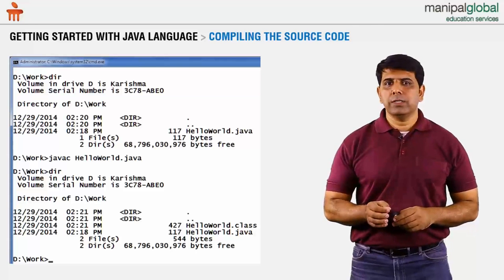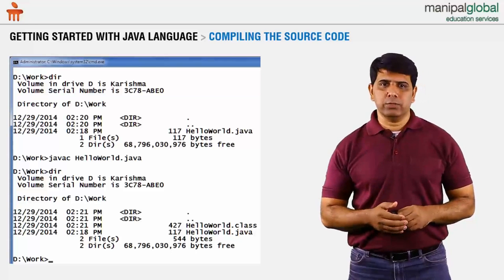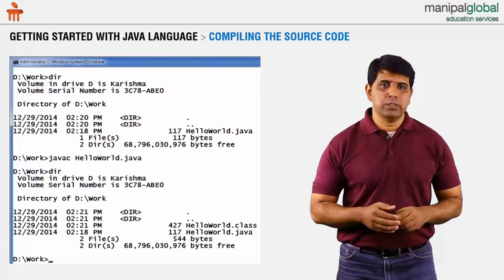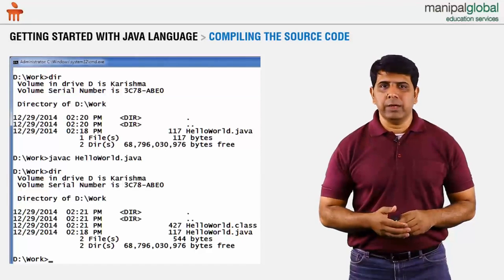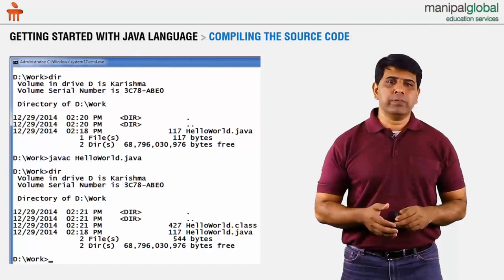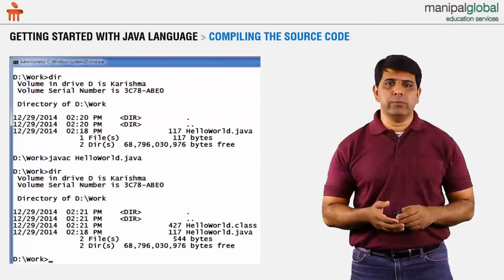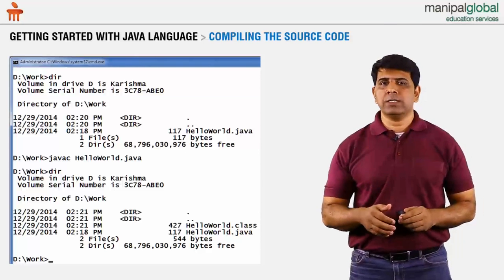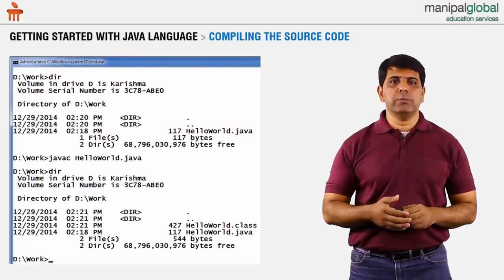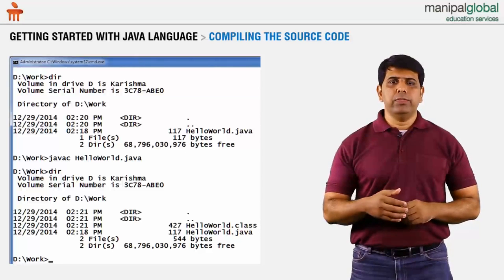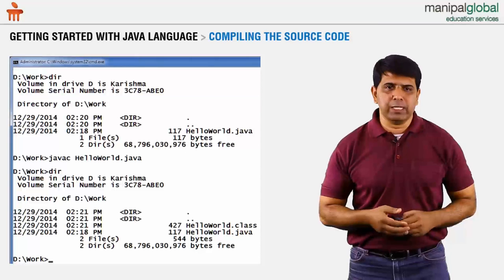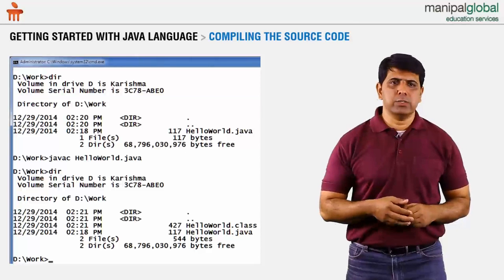You can also observe the size variation from the source code to the class file. The source code is around 117 bytes, whereas the class file that got generated is 427 bytes. That's because Java has converted your source code into something that the machine can understand. That could include certain programming aspects, certain language specifications and so on.